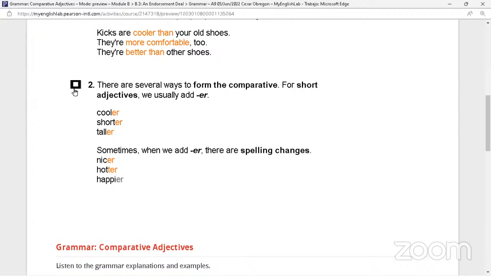So yes, there are going to be some spelling changes. In nice, you just added an R. For hot, you added a T and then ER. For happy, you changed the Y to an I and added ER.